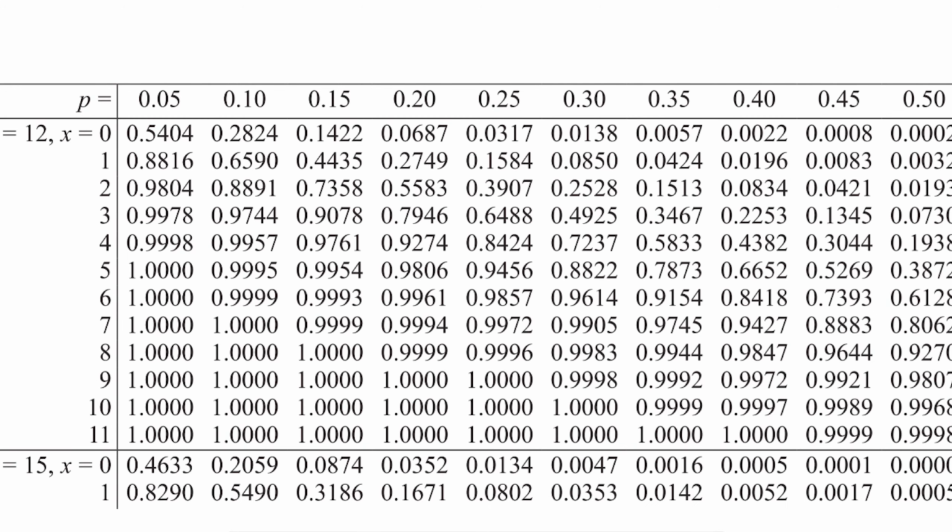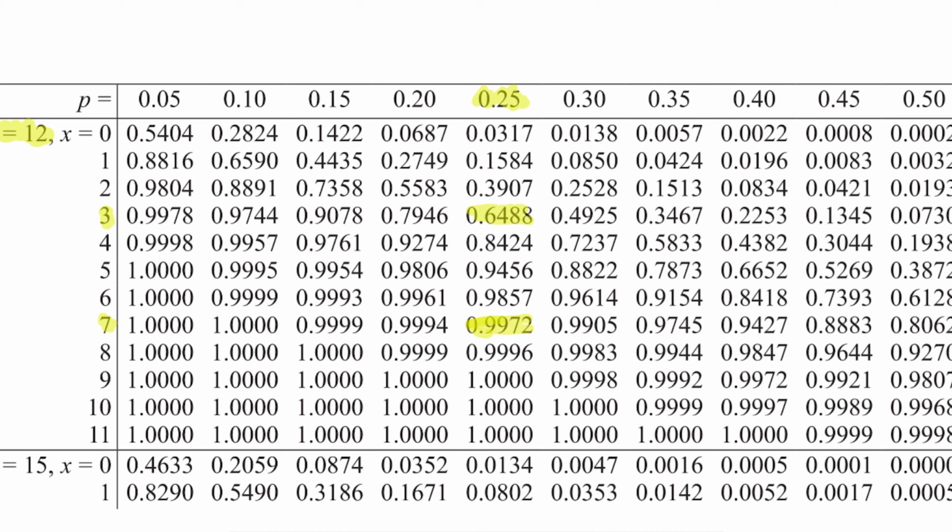So here's my table. I've got 2 things to look up. I want to work out the probability of 7 and 3. And I've got a probability of 0.25. And here is my n equals 12. You can see the next one is n is 15. So these are my 2 values.